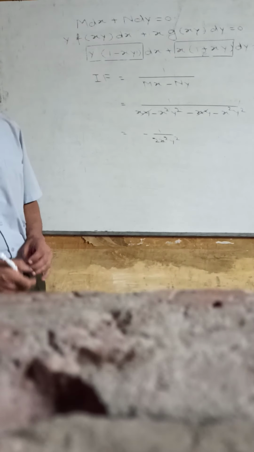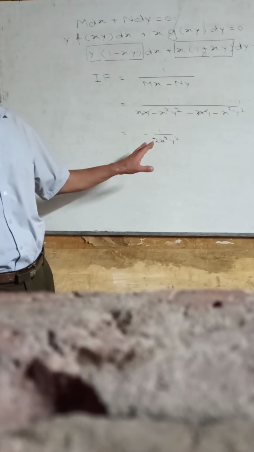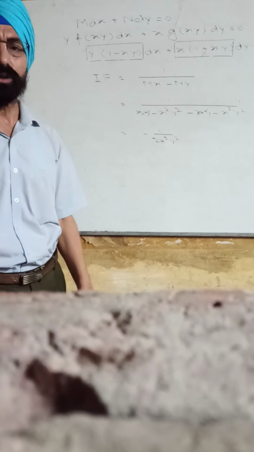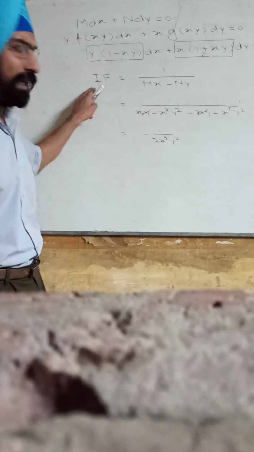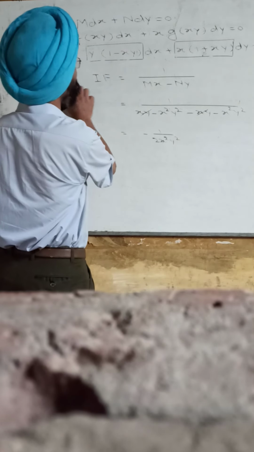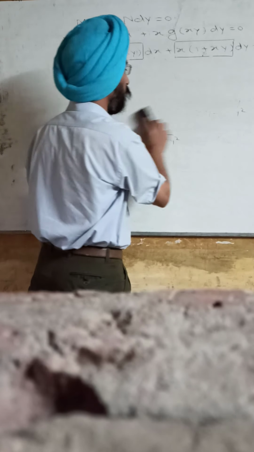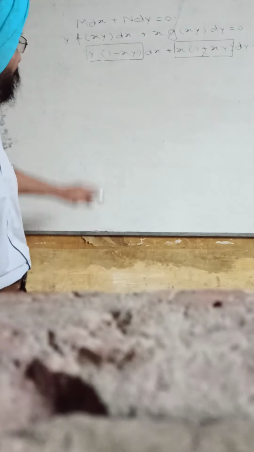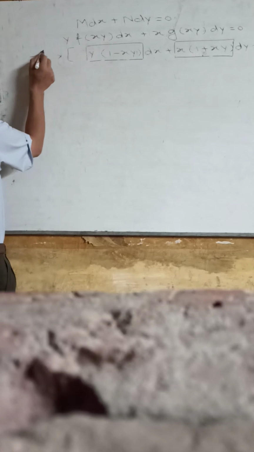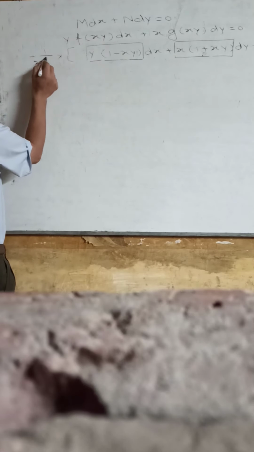This is just the calculation of the integrating factor. Still, we are to solve the differential equation to find its solution. Now, IF is with us, that is minus 1 upon 2x square y square. What we are to do now, we are to multiply this equation throughout by minus 1 upon 2x square y square, that means the integrating factor.